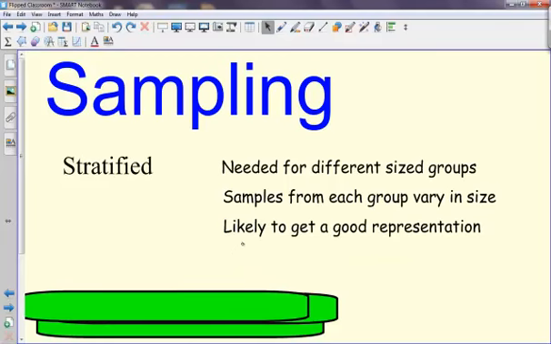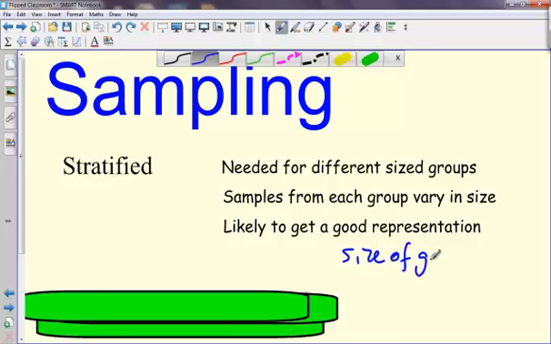Stratified sampling is one of the best ways of getting a good representation of an overall population, and generally speaking you do it by picking the size of the group, you divide that by the total number, and then multiply by the sample size that you want. That tells you how many to pick from that group.